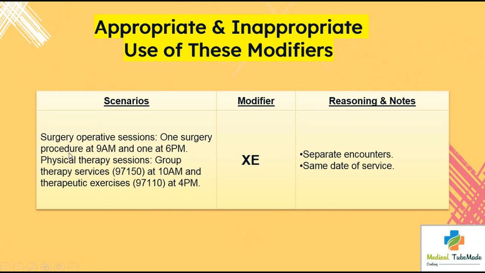If you read the scenario properly, you will see a surgery operative session: one surgery procedure at 9 a.m. and one at 6 p.m. The physical therapy session, group therapy service CPT 97150, is performed at 10 a.m., and therapeutic exercise, CPT code 97110, is performed in the p.m. In this case, we need to know that both services are performed on the same day but in different encounters, because there is a time difference.